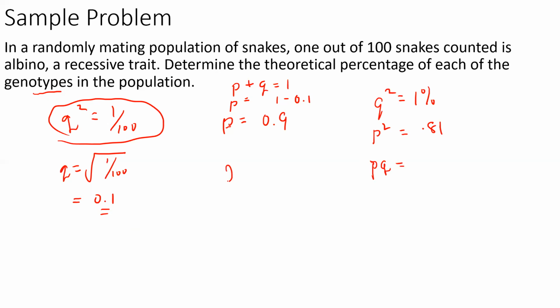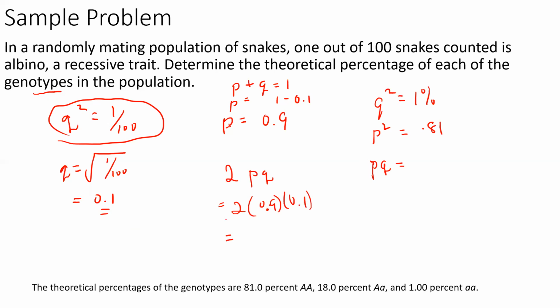And we know that we go 2PQ, and we're going to get 2 times 0.9 times 0.1, okay? And we will get our answer from there. So we're going to get 0.18, simply multiply these by 100 to get our answers. 1%, 18%, 81% for P squared.